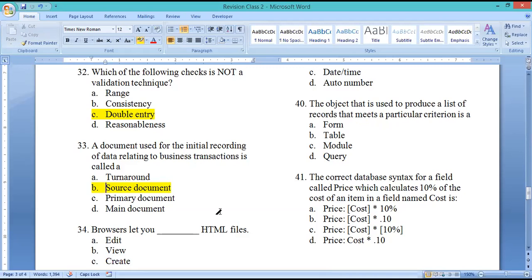A turnaround document is a document that is sent out, say, to a customer. Let me say it like this: if you turn around, you go around 360 degrees, right? So a turnaround document goes from one point to the next and then goes back to the sender. Say JPS sends you your light bill. The customer receives the light bill.